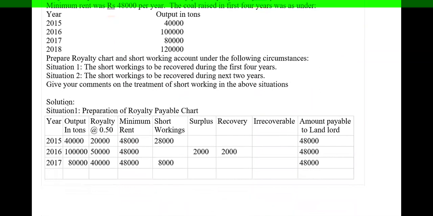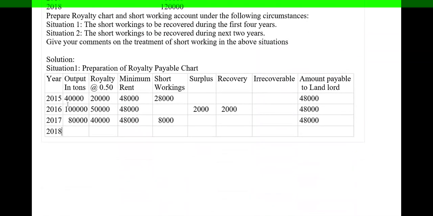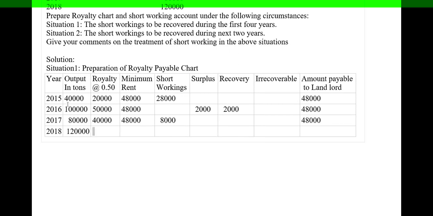Then the next one here, 2018, we have got output as 1,20,000. So the royalty will be 60,000. So minimum rent is 48,000. So we have got a surplus of rupees 12,000 here. So now you can see here, out of 28 we have recovered only 2,000.